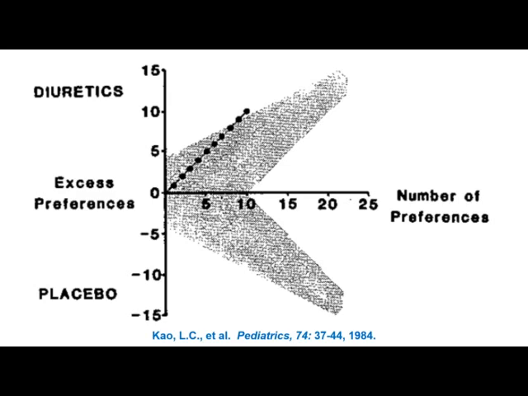What about chronically? So this was kind of a nice experimental design where a number of infants were treated in a crossover manner with a long-acting diuretic, in this case chlorothiazide, and a potassium-sparing weak diuretic, spironolactone. And they were given this for a period of time followed by a control period or the other way around.